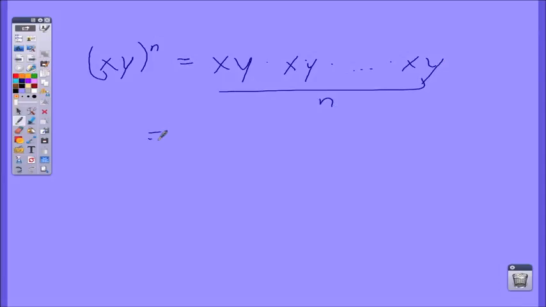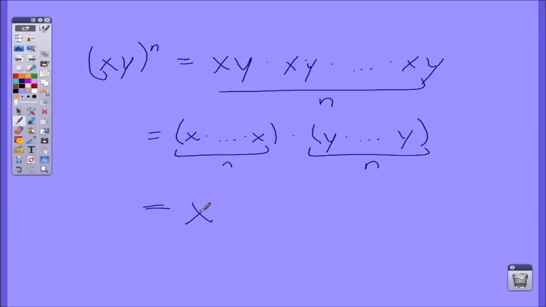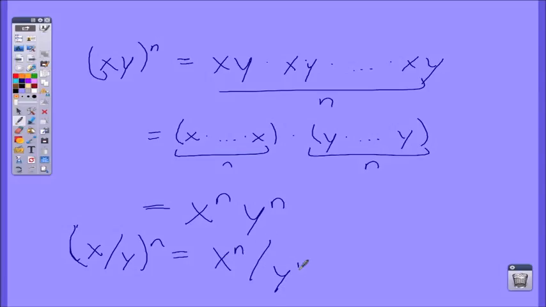And we can split this into two terms, x times x for n x's and y times y for n y's, which is, of course, just x to the nth times y to the nth. And similarly, we can also say that x over y to the nth is equal to x to the nth over y to the nth.